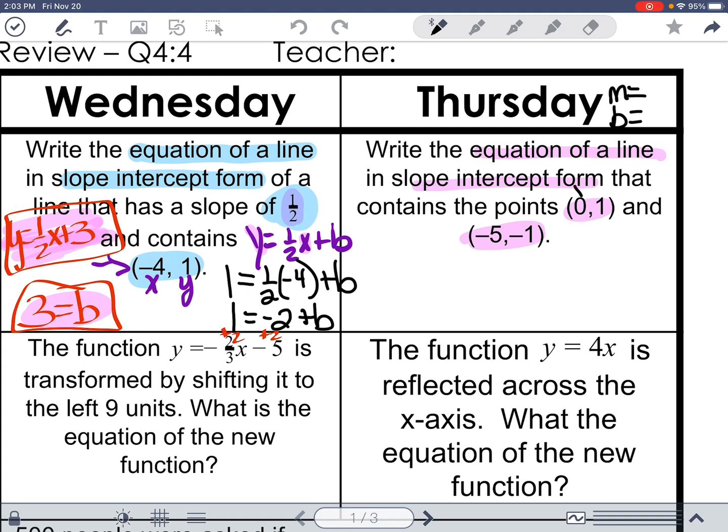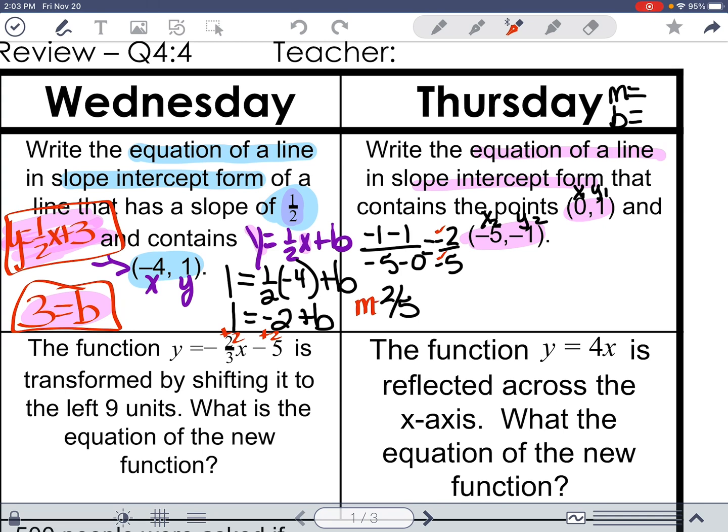So let's go ahead and label these and put them in the slope formula, which will be -1 minus 1, and then it'll be -5 take away 0. So it's -2 over -5, which becomes 2/5. It's positive. When you have a negative divided by a negative, you become positive.